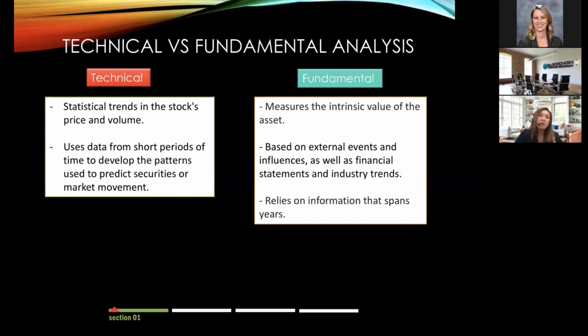Intrinsic value could be financial statements, the prospectus of the company, upcoming products, earnings. You're looking five to ten years down the road, so it relies on information that spans years.